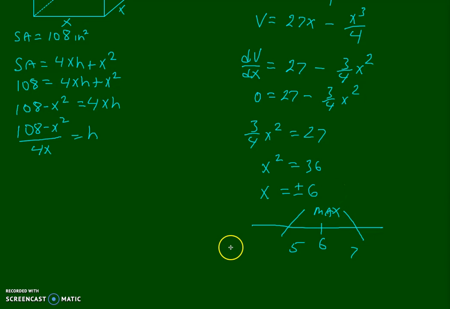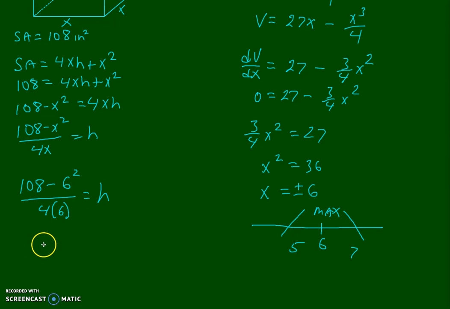So now we know what our side length is. We know that our side length x value is 6. So we can find the other dimension just by substituting our x value in here. So 108 minus 6 squared over 4 times 6 gives us our h value.